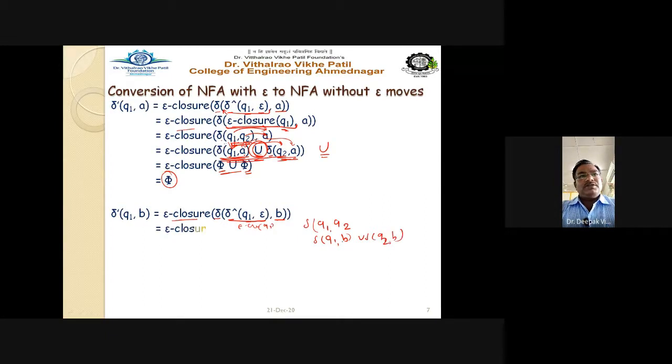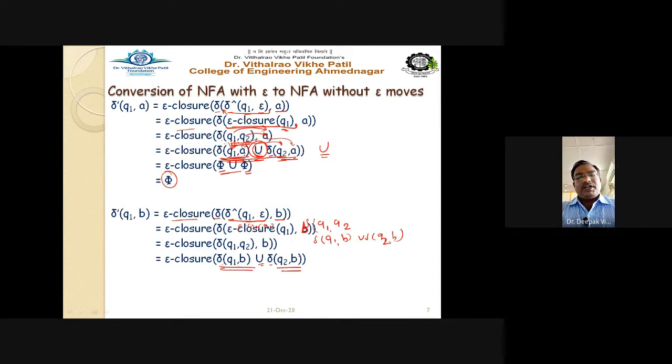Now see the steps here: epsilon closure of delta of epsilon closure of Q1 comma B, that is epsilon closure of delta Q1 comma Q2 comma B, which equals epsilon closure of delta Q1 B. We expand it: delta Q1 comma B union delta Q2 comma B, right?